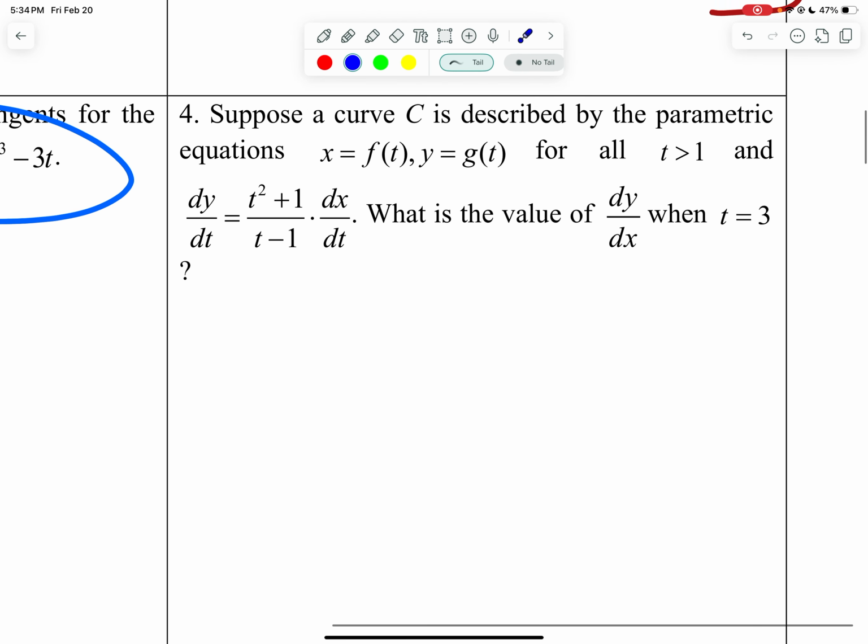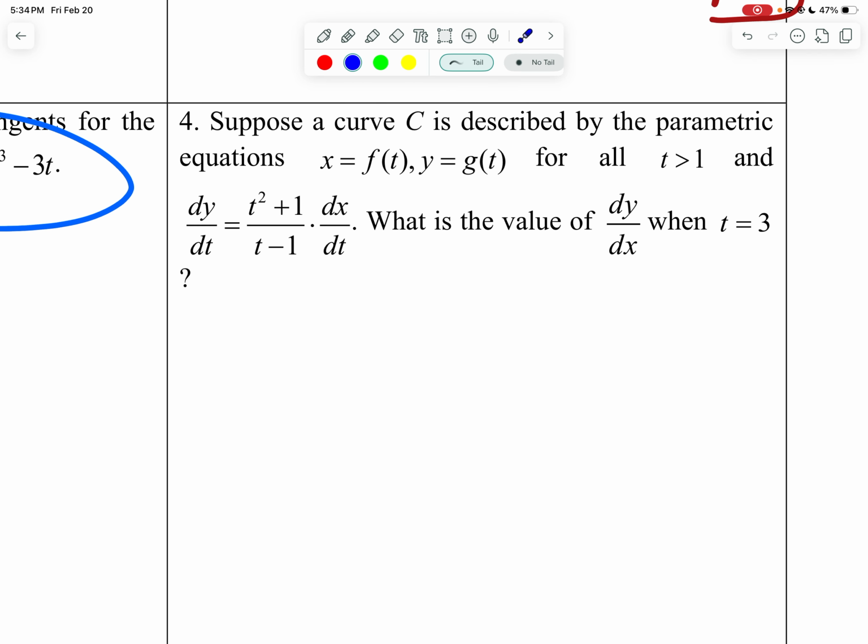All right, last one. We have a curve C described by the parametric equations x is equal to f of t, y is equal to g of t for all t greater than 1. And we know that dy/dt is going to be (t squared plus 1) over (t minus 1) times dx/dt. What's the value of dy/dx when t is equal to 3? All right, so to figure out what dy/dx is, remember that dy/dx is the same thing as dy/dt over dx/dt.